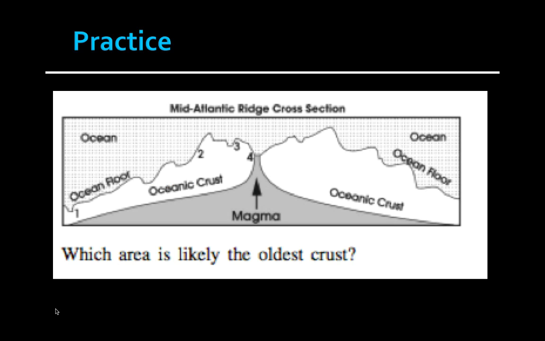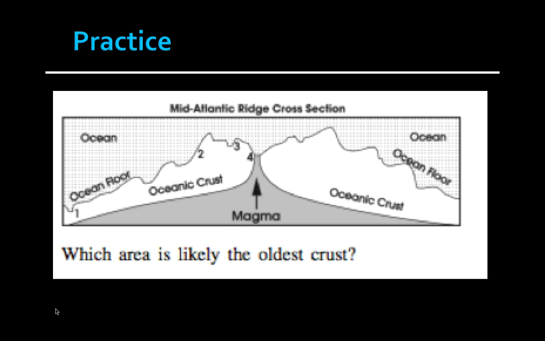So take a look at this practice problem. This diagram shows the two plates. You've got two oceanic plates. That just means it's a plate of the crust that has ocean on top. And you see that they're pulling away from each other, allowing magma to rise up the middle.